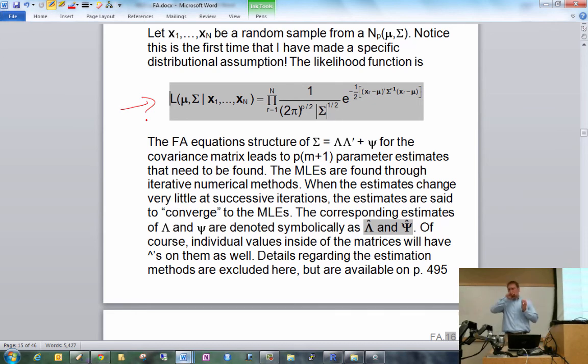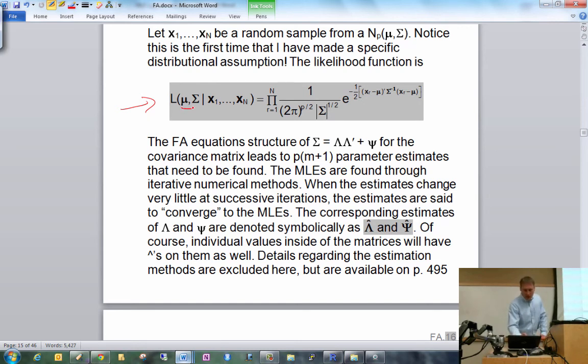If I can assume that x1 through xn is a random sample from a multivariate normal distribution, notice that this is the first time I've used a formal distributional assumption in any of the factor analysis stuff we've done so far. If I can make that assumption, then what is the likelihood function?